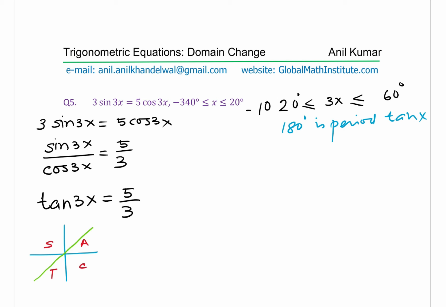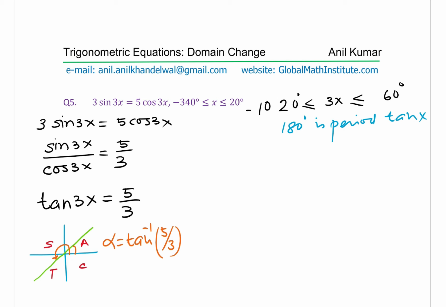So we are trying to find the angle alpha first, and then we are going to add or subtract 180 degrees, right? So let's say tan alpha, so alpha equals tan inverse of 5 over 3. We'll use the calculator: shift tan inverse 5 divided by 3 bracket close is equal to 59.03.